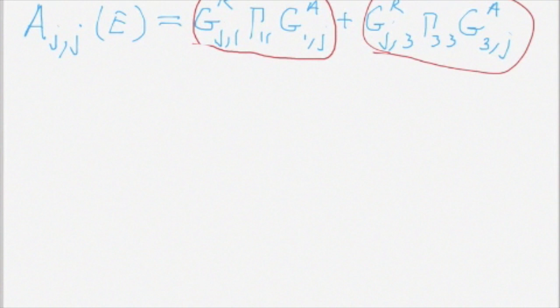Now this spectral function we can write in a far more compact way as A in terms of the full matrix. I just wrote the diagonal elements here. So the full matrix is simply equal to the Green function matrix times the gamma matrix times the advanced Green function matrix, which is the Hermitian conjugate of the retarded Green function matrix.